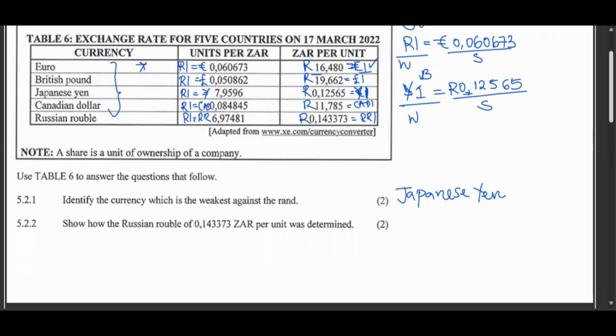Okay, here we go. Let me explain another one here. Show how the Russian ruble of 0.143373 ZAR per unit was determined. Now, how was it determined? It came from here. We are looking at this side. They have told you that if you only have 1 rand, you have that much. So we say 1 rand equals this many Russian rubles.